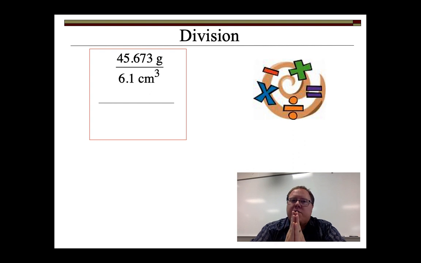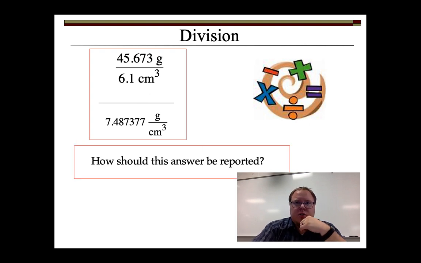So they have different amounts of uncertainty. Now, if I plug 45.673 divided by 6.1 into a calculator, I would get 7.487377, a whole bunch of decimal places. And density is grams per centimeter cubed. Okay. How should I report this answer?